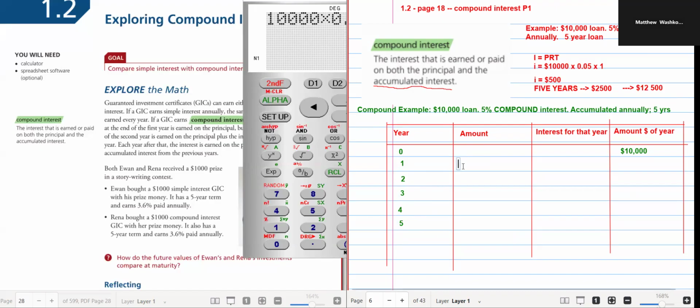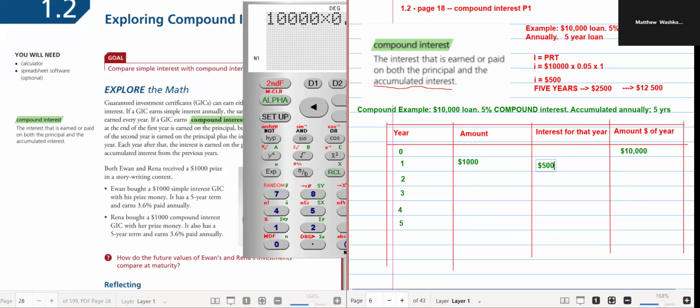But at year 1, we have to think about what's the interest for 1 year of this loan? Well, we just calculated above. It's $500, right? Sorry, the amount I start with is $10,000.